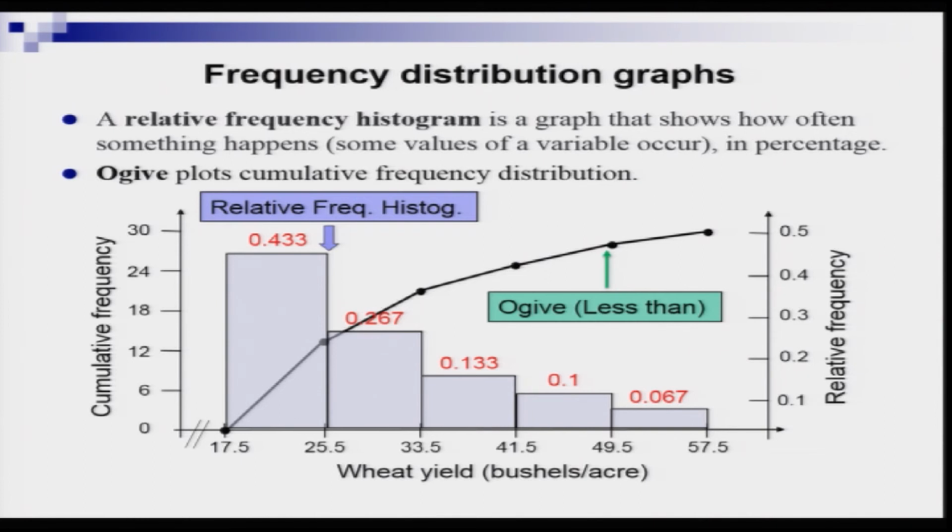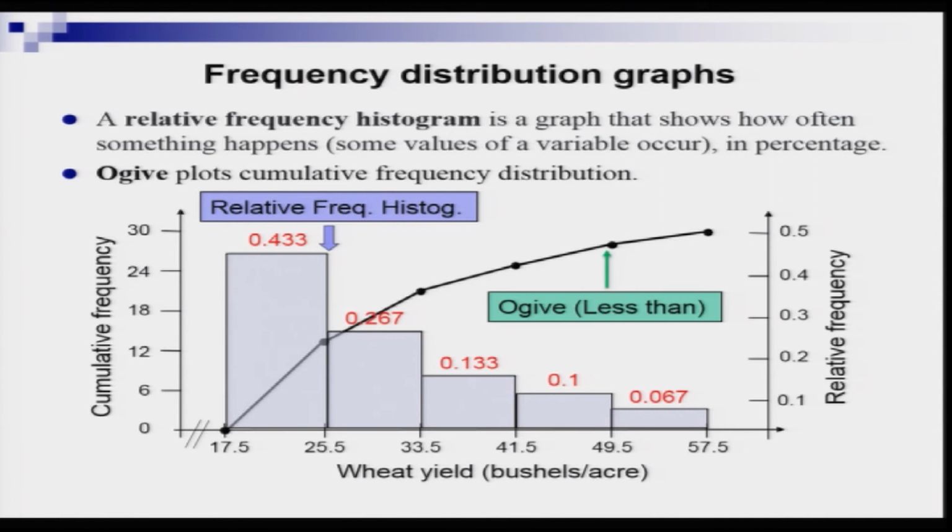So, what is a relative frequency histogram? It is a simple graph that shows how often something happens. By that I mean some values of a variable occurring, but in percentage terms. If you look at the diagram below, along the x axis I am measuring wheat yield, which is bushels per acre.